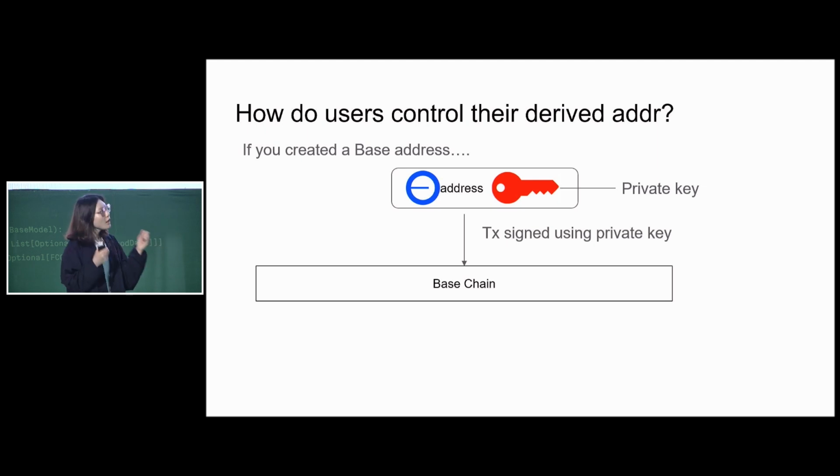You're going to be given a seed phrase and a private key. When you interact with any dApps on the Base chain, you use that private key to authorize all the transactions, which is basically signing all the transactions with your private key.